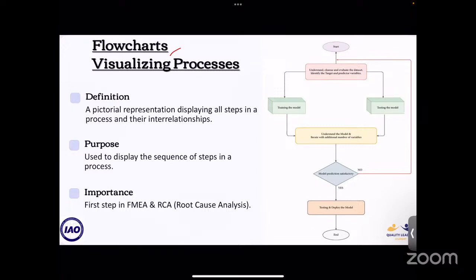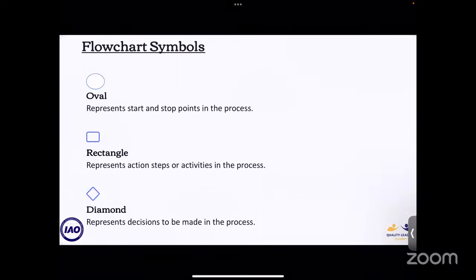The importance is that it is the first step in FMEA and RCA because it is considered a process mapping technique. I will draw the steps of the process that I have step by step. So in the flow chart, we will notice that the start and end are always in the oval.